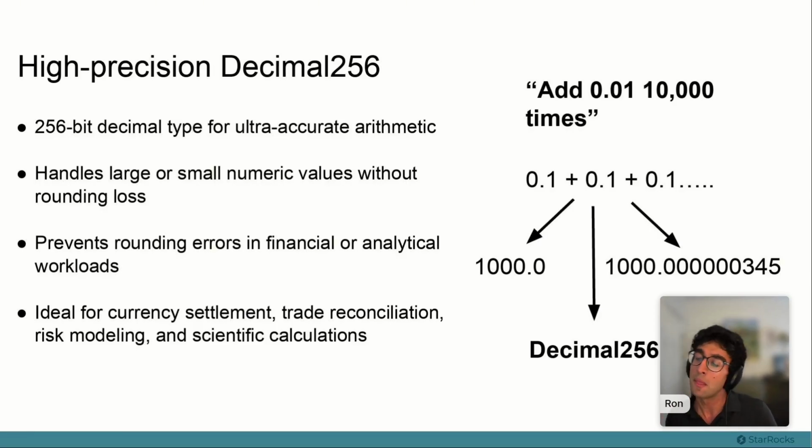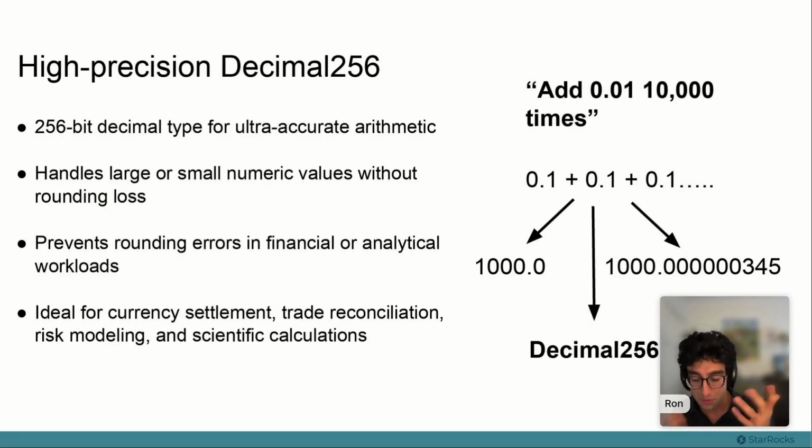Given that's the case, based on demand from what the users were asking, we ventured toward decimal 256. Now we're able to handle a lot of those larger or smaller numerical value additions, subtractions, and products, and achieve what we would expect in this case, which would be the 1,000 result. That prevents a lot of rounding errors in analytical workloads and financial services situations.